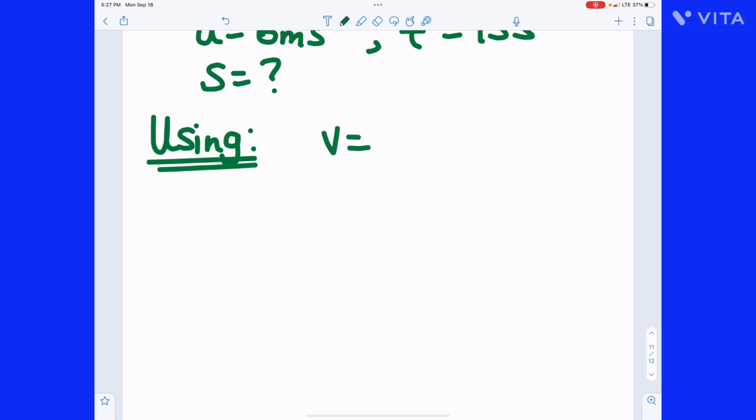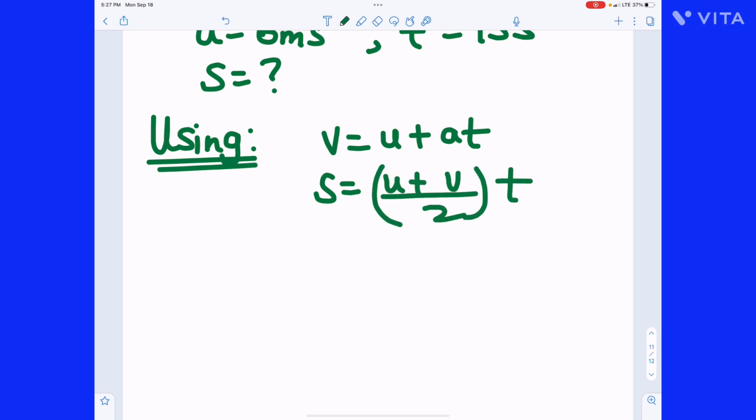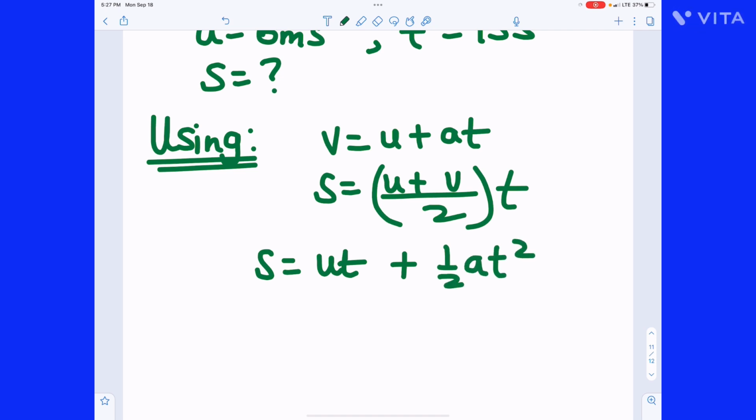The equations of motion are V is U plus AT, the first one. Second one is U plus V over 2, which is average velocity, times time, is equal to distance. Third one is UT plus half AT squared. And the last one is V squared is U squared plus 2AS.